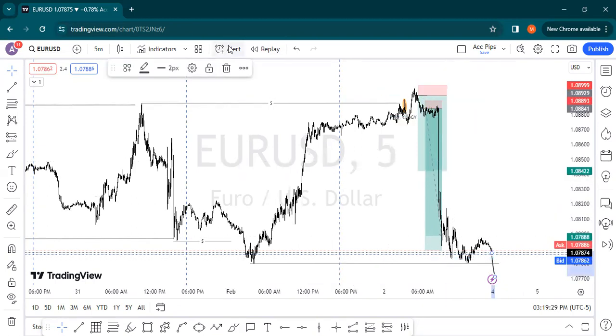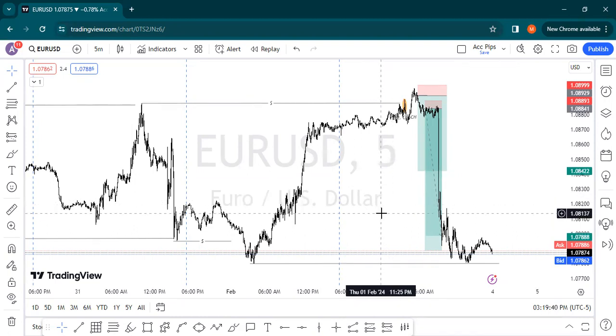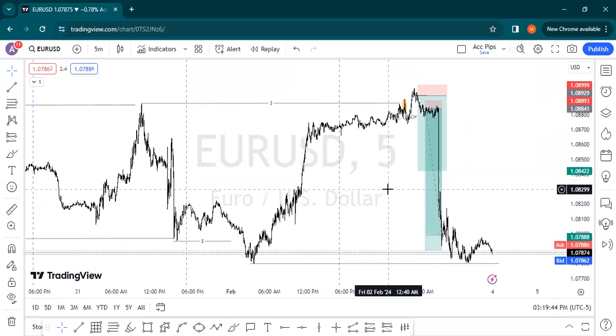If it is a candle close, then that means we have a break of structure or a change of character. So in that case, you have to see an inducement before even thinking about trading in the opposite direction. Okay, I hope you get it.